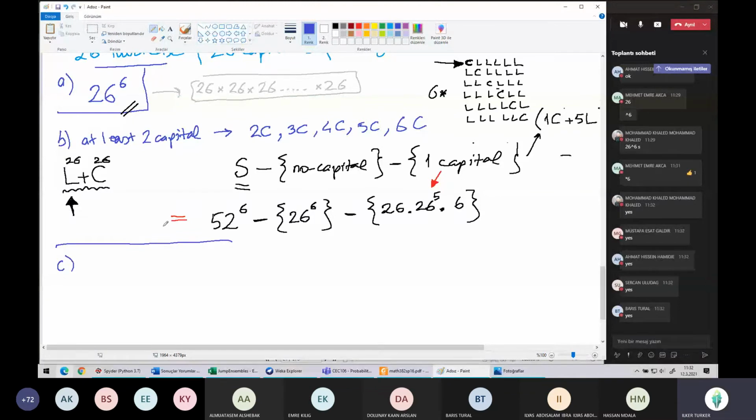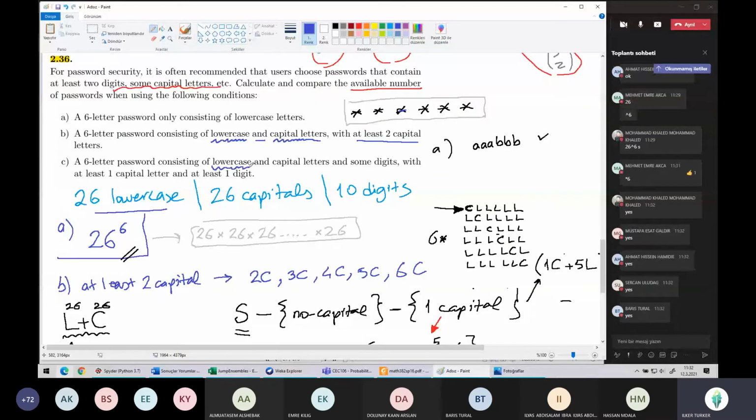Part C says a 6-letter password consisting of lowercase, capital, and digits with at least one capital letter and at least one digit.